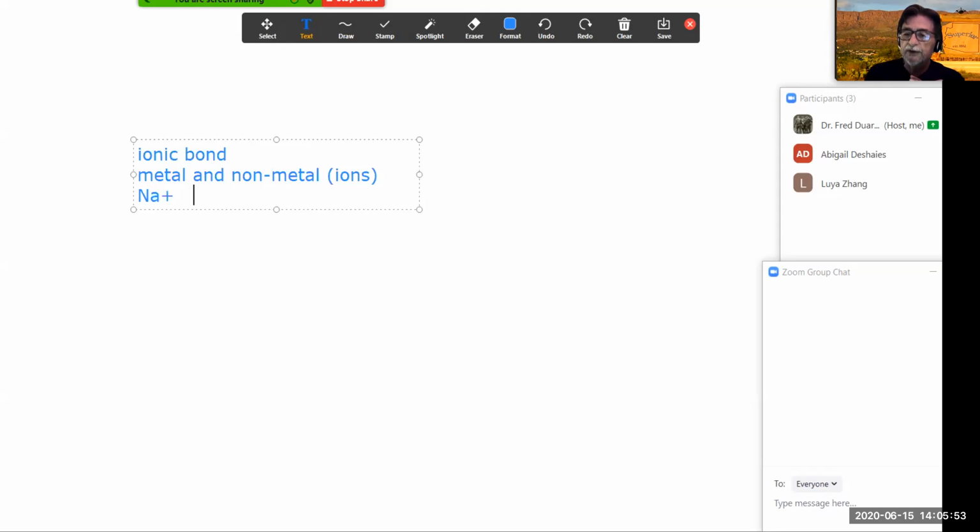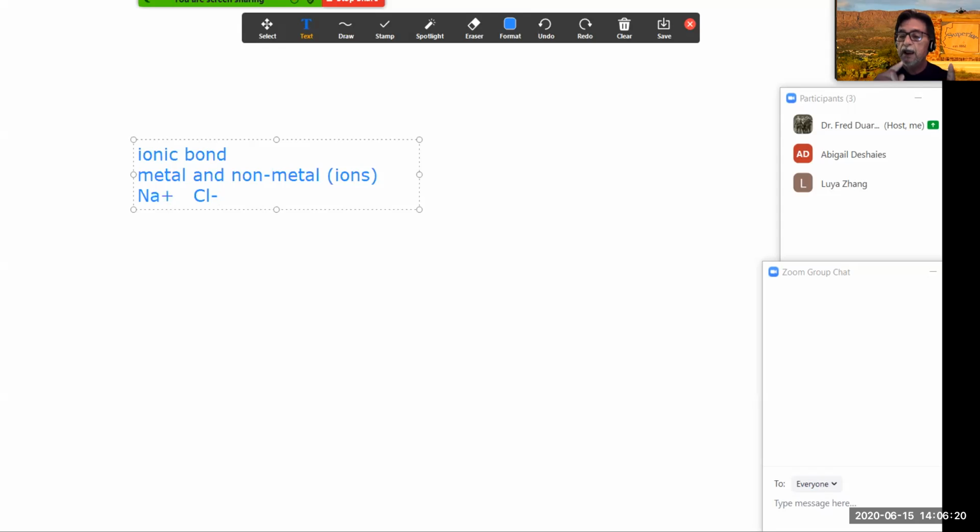The moment it picks up that electron, now it has 17 protons, 18 electrons: 17 positives, 18 negatives. We have one negative left over that does not cancel out with the positives. So chlorine now has a negative charge of 1, negative 1.